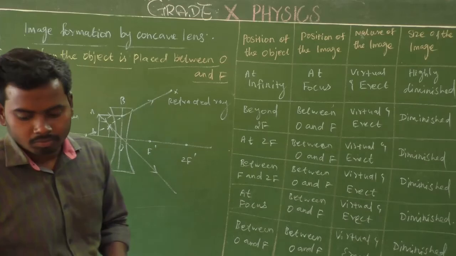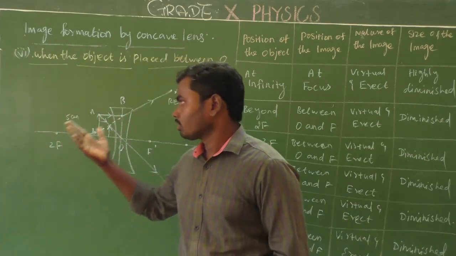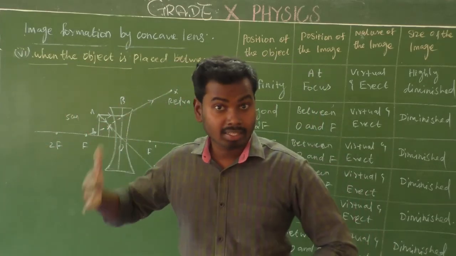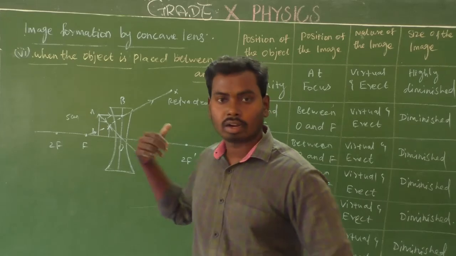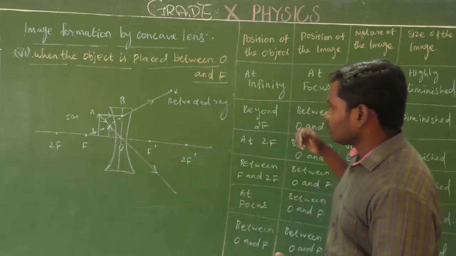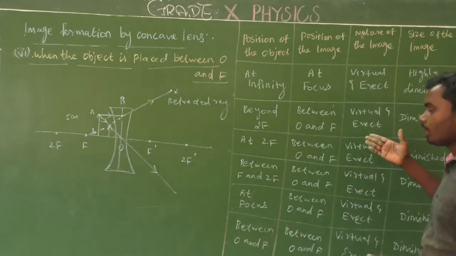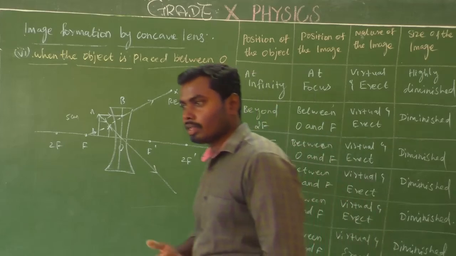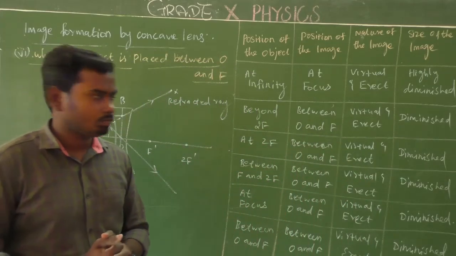So that's all. We have placed the object at different positions from the optical center of the concave lens. Then we got different natures, sizes and positions of the images. Look at here.